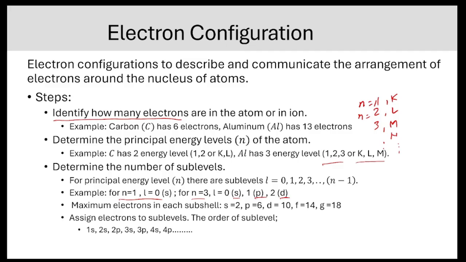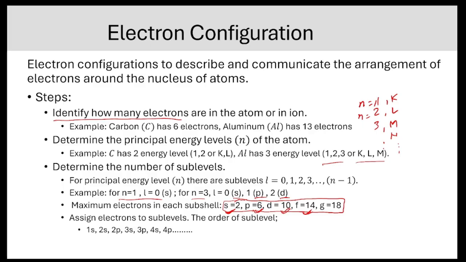And then we should also remember the capacity of each subshell. As we just discussed, an s subshell can hold up to 2 electrons, a p subshell up to 6 electrons, a d subshell up to 10 electrons, f can hold 14 electrons, and so on.